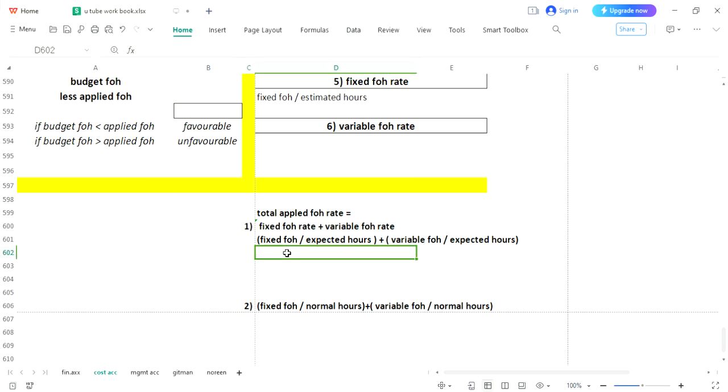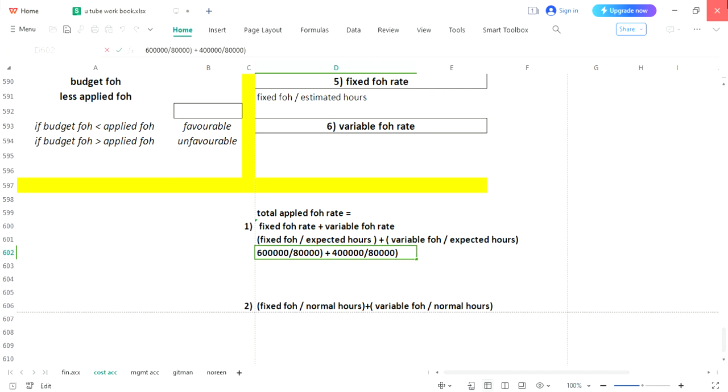Fixed FH was mentioned as 6 lakh and hours were mentioned 80,000. Here your fixed FH would be calculated. Then you need to put variable FH which was mentioned 4 lakh and expected hours were mentioned as 80,000. So in this way both rates can be calculated.